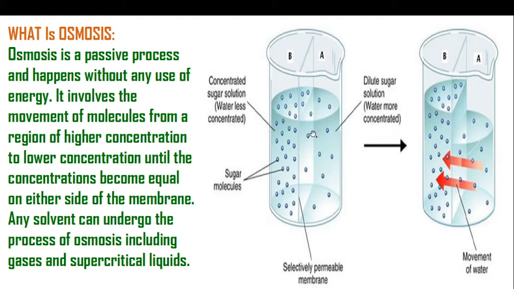So what is the most important thing within this diagram? The A side is filled with a dilute solution of sugar molecules, with a higher concentration of water molecules, and side B possesses a higher concentration of sugar solution and fewer water molecules.